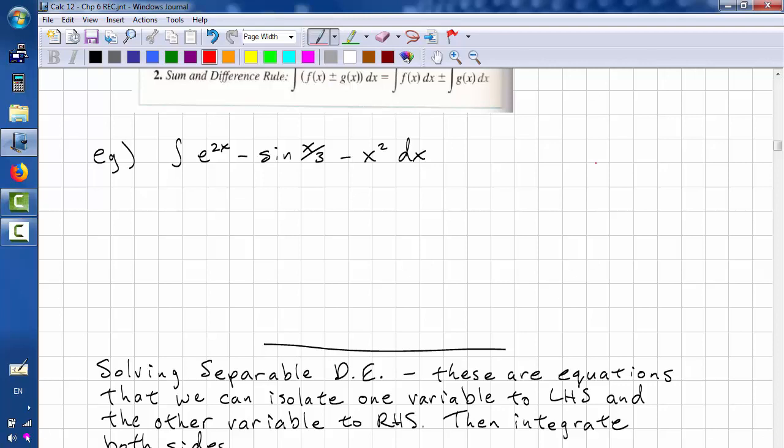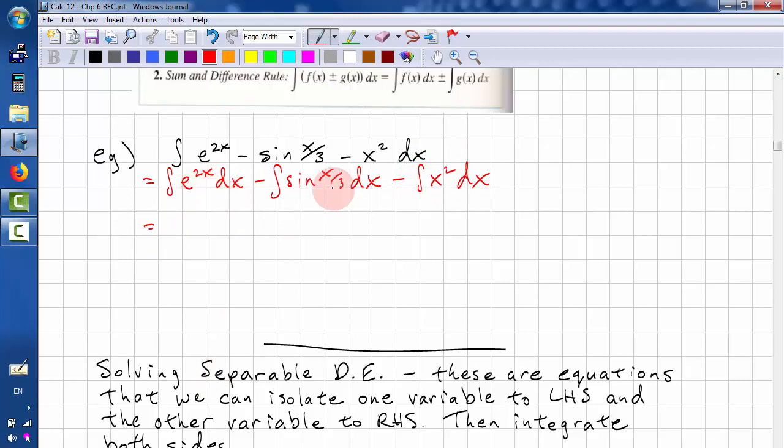So let's look at an example here. We have the integral of e to the 2x minus sine x over 3 minus x squared dx. So we'll use the sum and difference rules. We have the integral of e to the 2x dx minus the integral of sine x over 3 dx minus the integral of x squared dx.